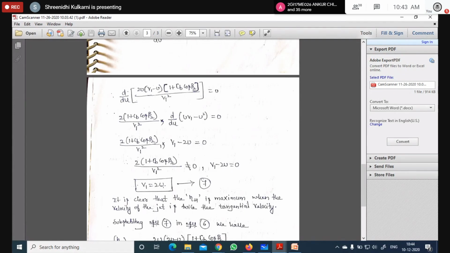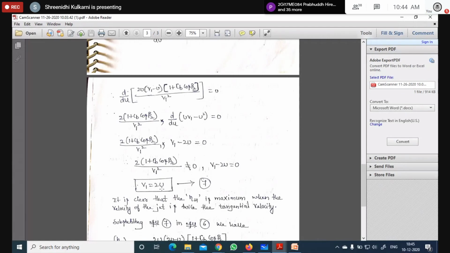So when we get the maximum hydraulic efficiency, clearly it states that the absolute velocity v1 is twice the tangential velocity.